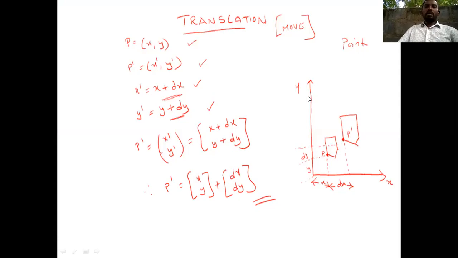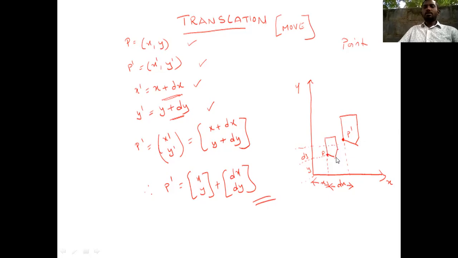So see here, the mathematical representation for translation. It is a graphical diagram with x and y coordinates. So it is the object, the first object, the initial object.